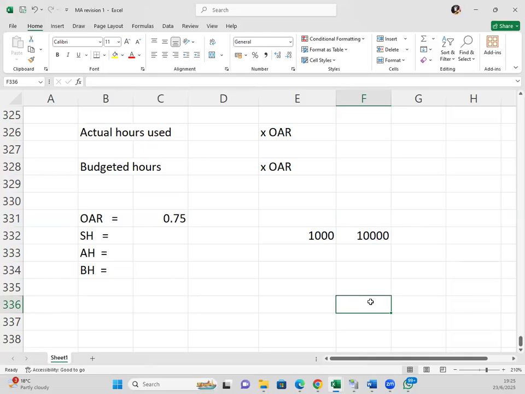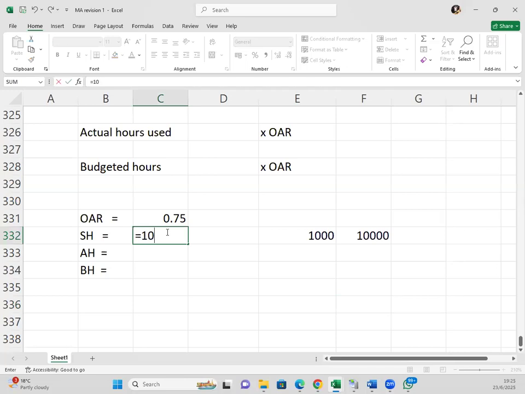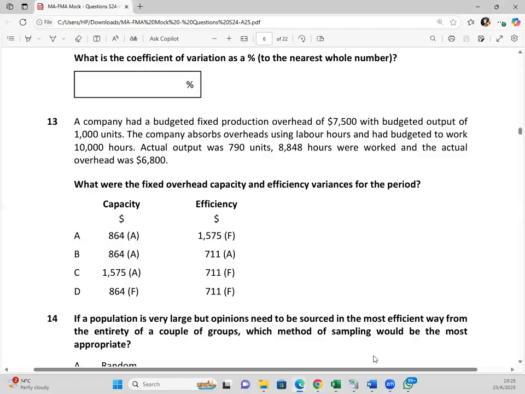So the standard hours, using that plan, each unit is going to take 10 hours. But we did not produce 1,000 units. You ended up producing how many units? The actual output is 790.